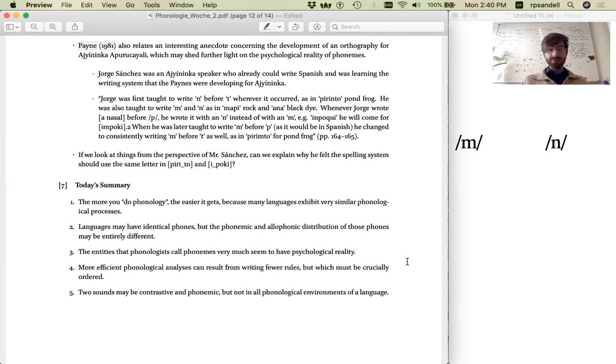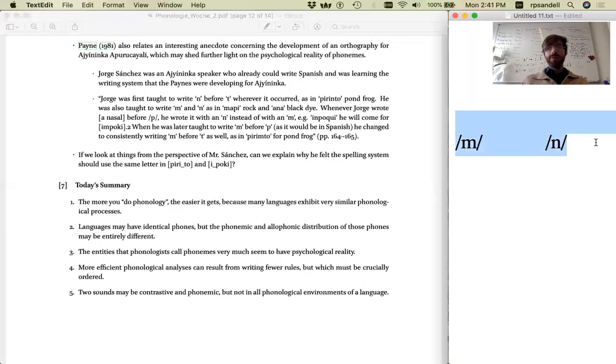Finally, we've discussed in some detail reasons to believe that these phonemes that we are discovering through our analyses indeed have psychological reality, that native speakers of languages that we analyze can be thought to have the very same contrastive sounds that our analytical procedures will posit to be contrastive.